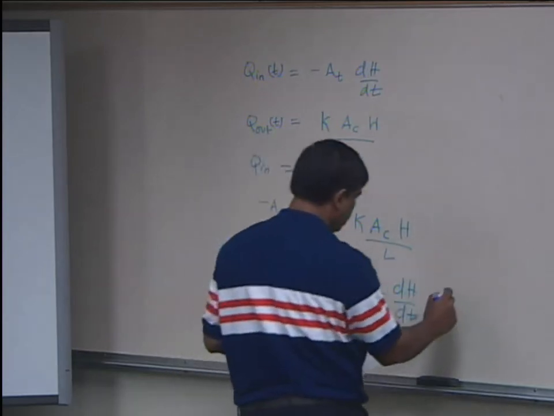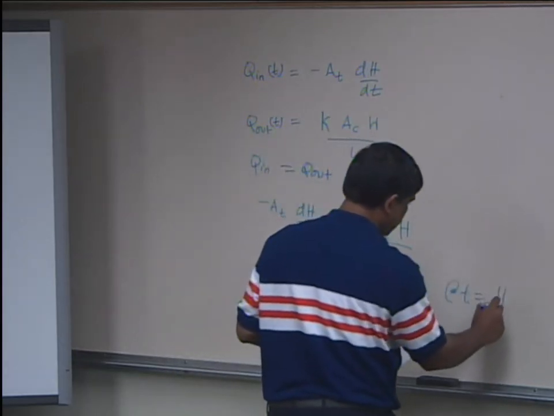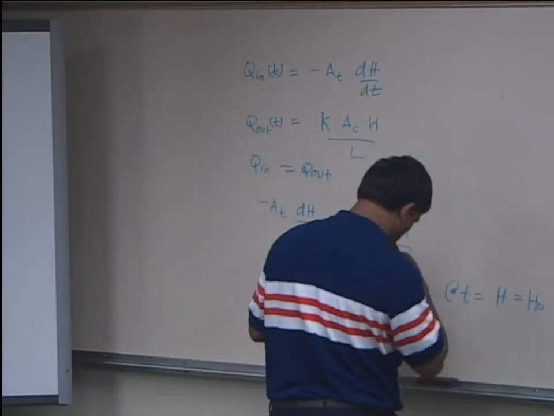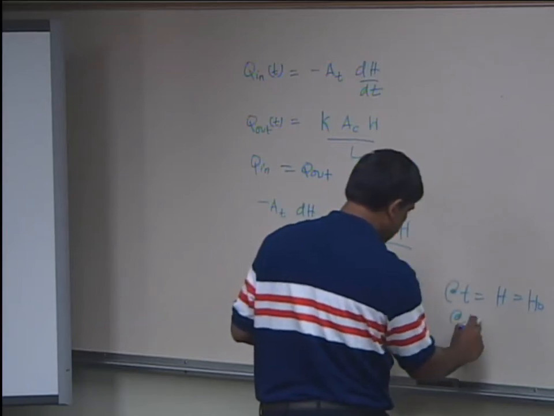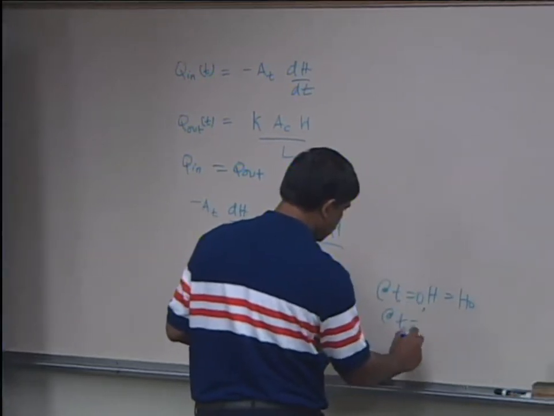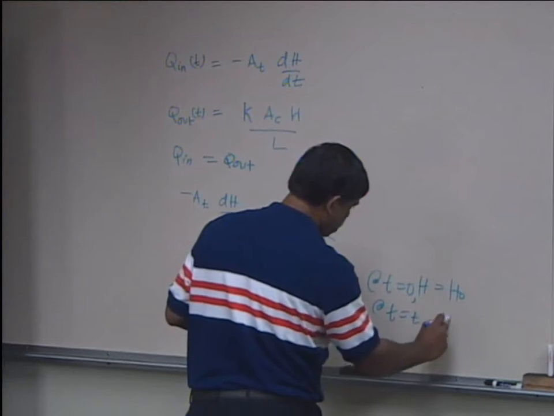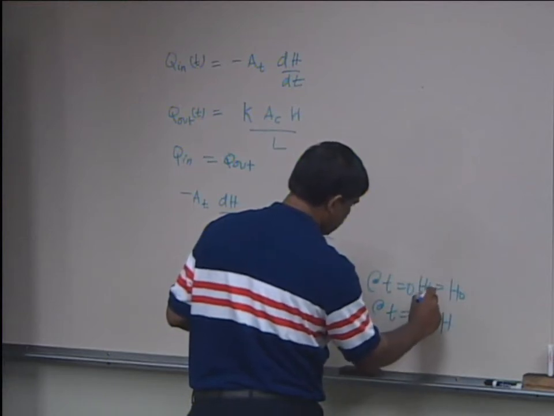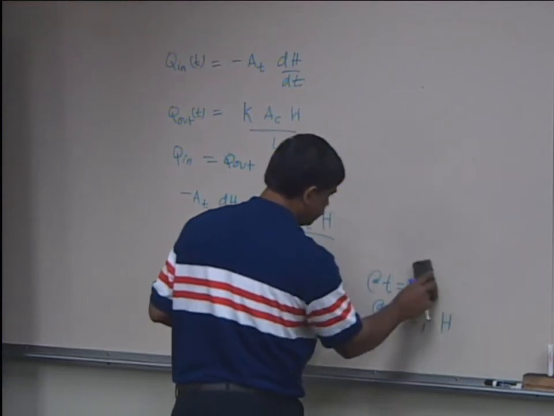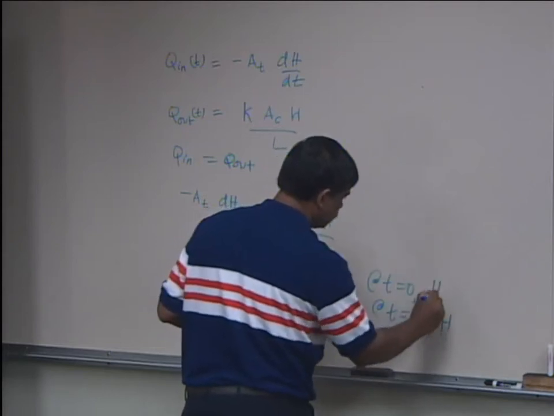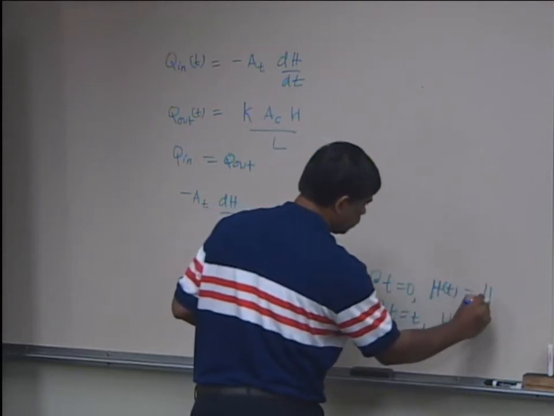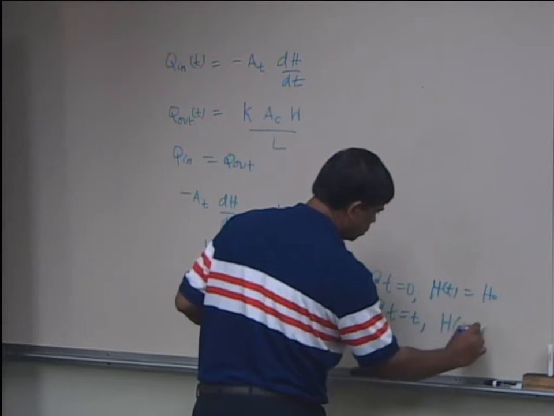We know at t equal to 0, h is equal to h naught, and at t equal to t, h of t is equal to some h.